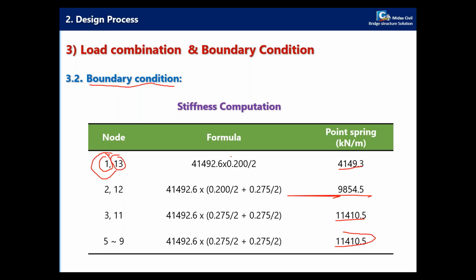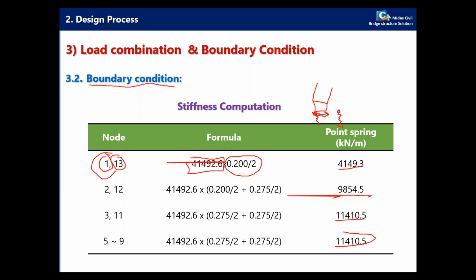I said that you need to multiply the subgrade reaction times the area. Here the area we have, let me show that area. It's in this direction. This is the first node, and the other node is here. This is the half distance between these two nodes.